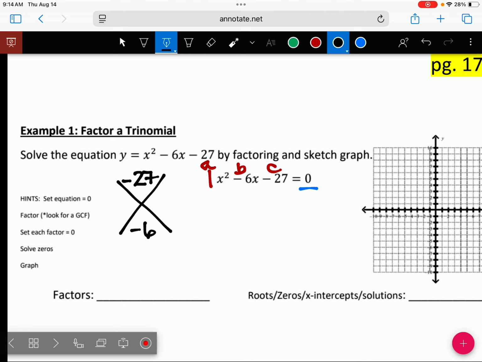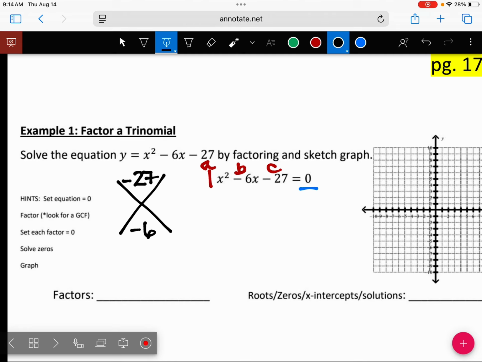Try to find 2 numbers that multiply to negative 27 and add to negative 6. So 2 numbers, they have to multiply to give you a negative 27 and add to be negative 6.